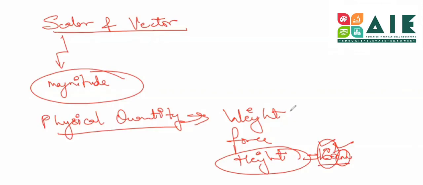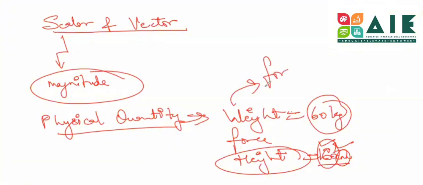But if I say that my weight is 60 kg, now weight is basically the force with which the earth attracts you towards its center. Yes, ma'am. When you stand on the weighing machine, you stand over it and you are attracted towards the Earth's surface. Hence, due to Newton's third law, equal and opposite force, the same force Earth will apply over you.